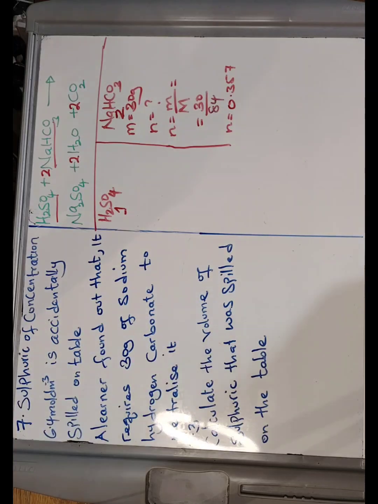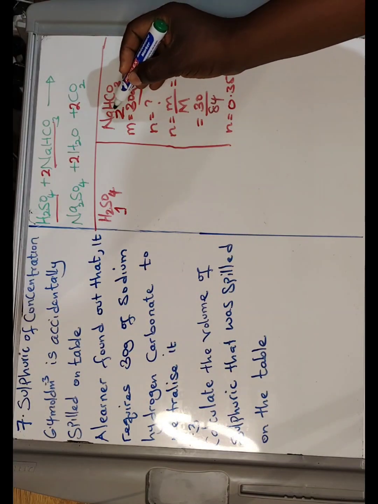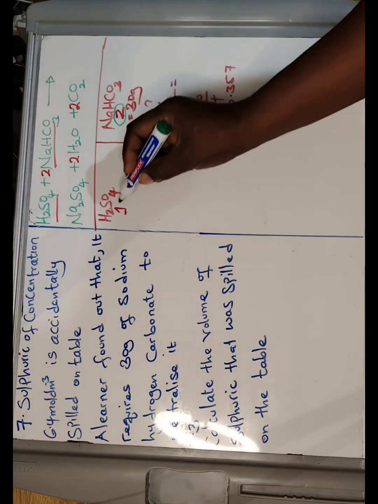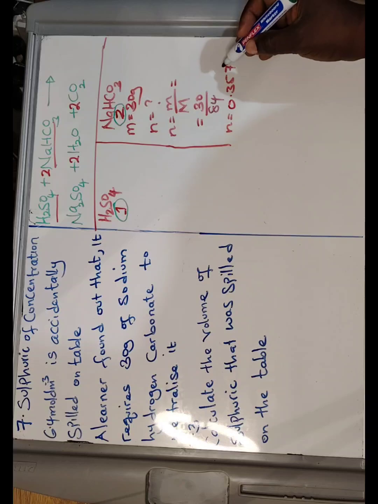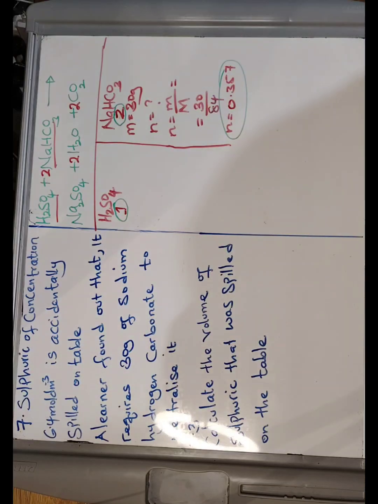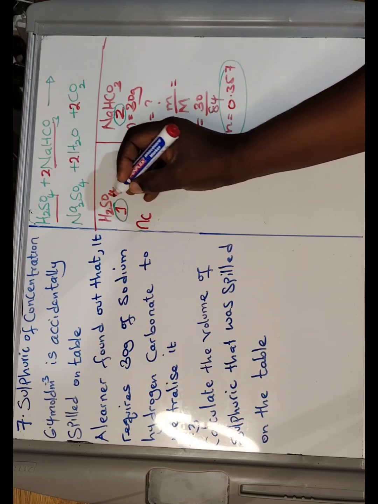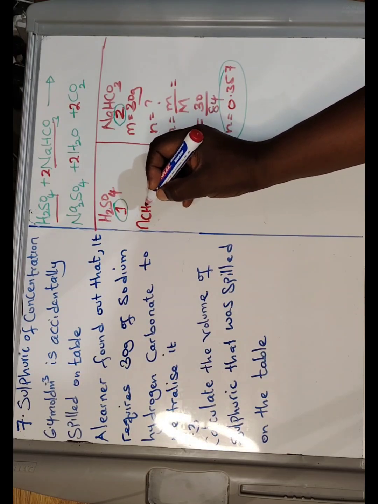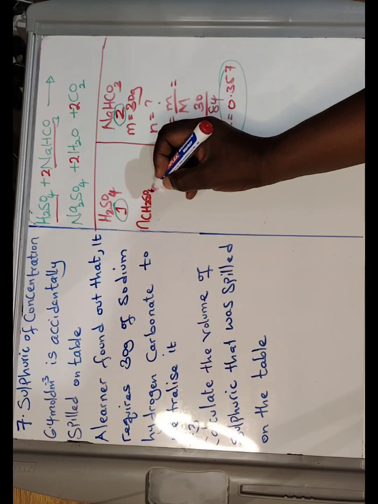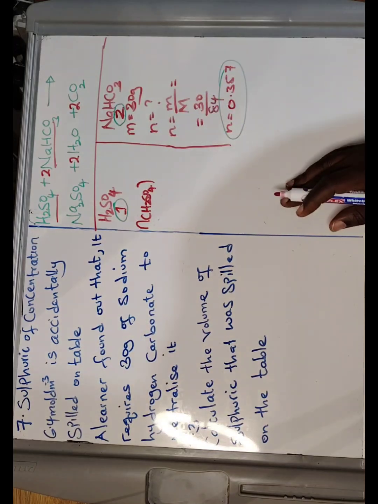Then let us look at the ratios. Remember, this is 2, this is 1. We are going to look for the number of moles of sulfuric acid which was neutralized by this.